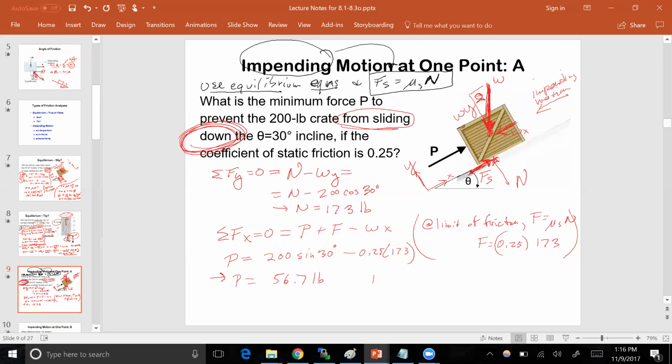So we can put a note here that says, note, larger P will result in a smaller F. Smaller F meaning it's within its limit, meaning it's not moving. It'll be still stationary.